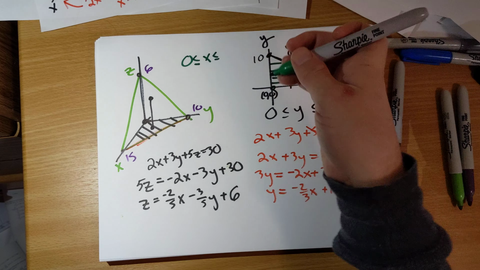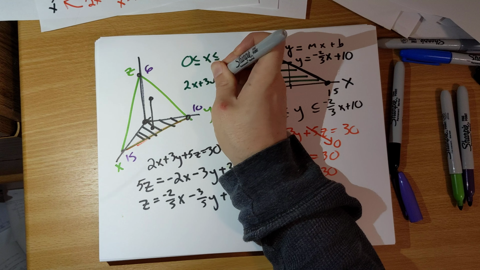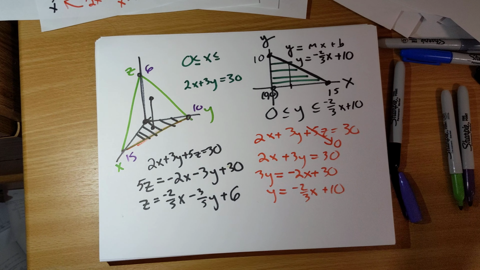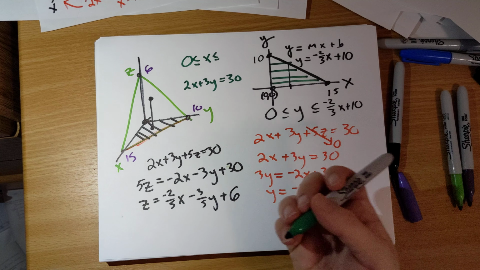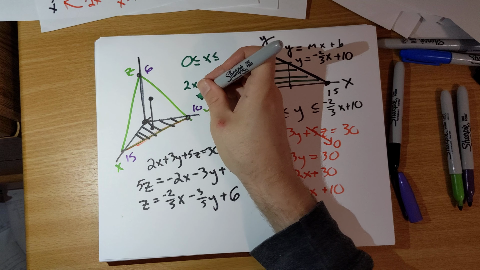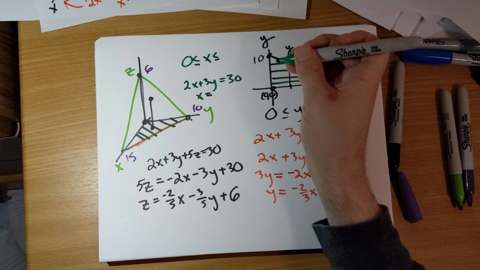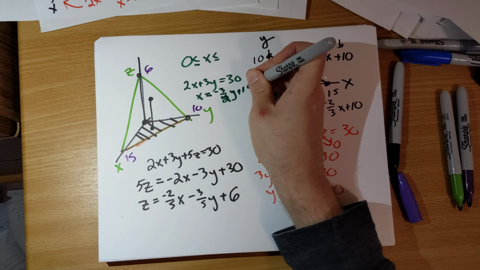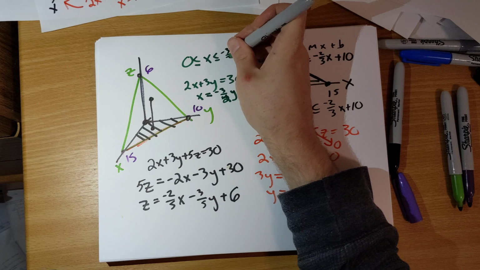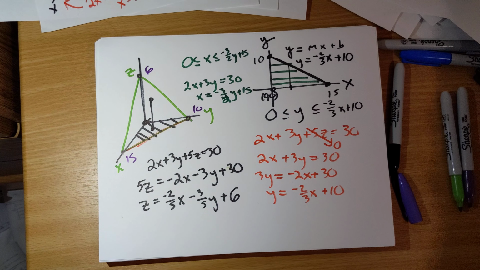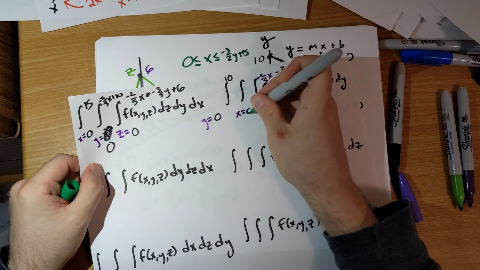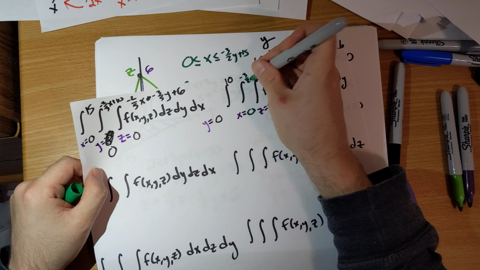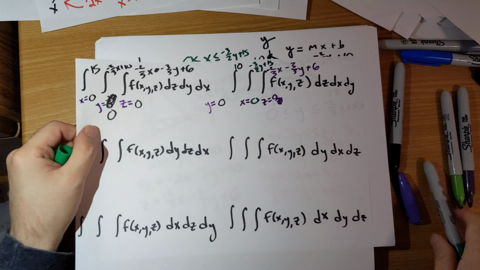This line is 2x plus 3y is equal to 30. Now we solve for x in terms of y instead of y in terms of x, and we end up with x is equal to negative 3/2 y plus 15. And so x runs from 0 to negative 3/2 y plus 15.